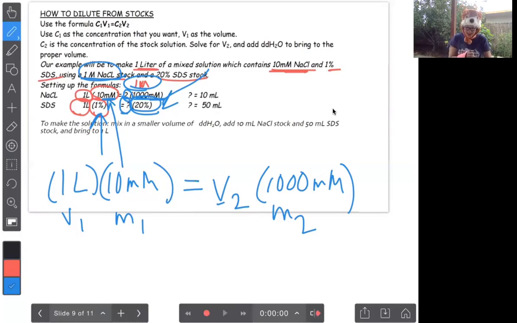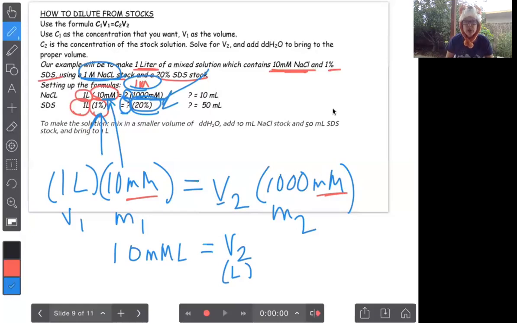Okay. 1,000 millimolar, right? We want to make sure we keep our units the same. So 1 times 10 is still 10, right? And this is millimolar liters equals V2, which is in liters, right, times the 1,000.